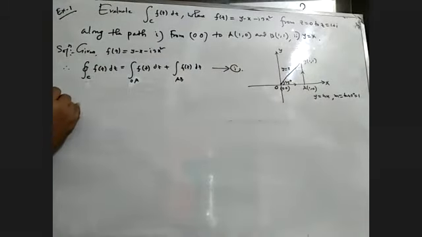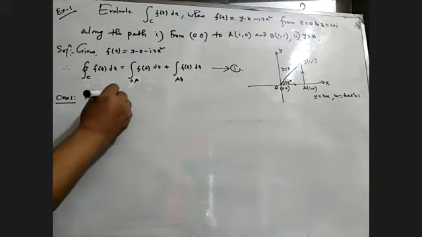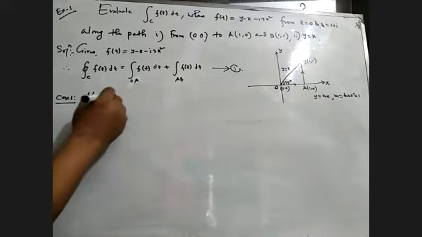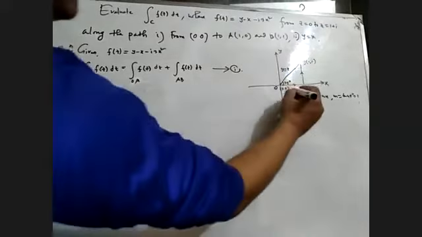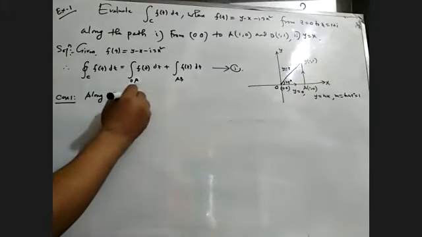Now for the first case, case 1, along the path OA, y equals 0.